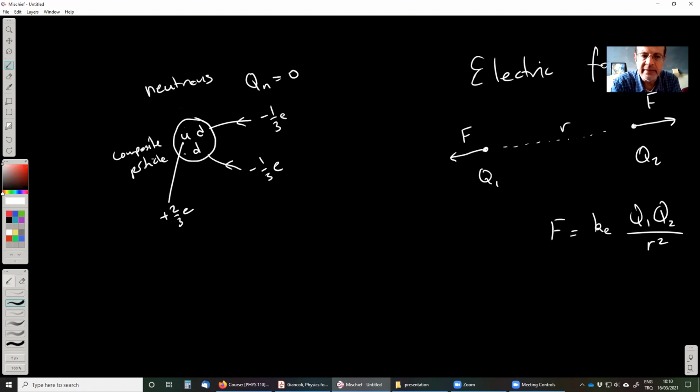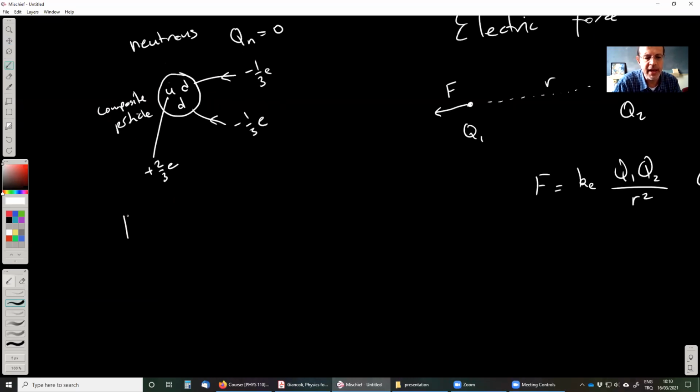Because of that, a neutron may still interact with some other charges outside, but it's going to interact weakly, and it only interacts because it has some internal structure. That's also one of the common themes that we are going to stress. There are things like, for example, the helium atom.